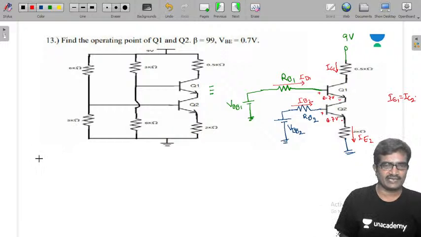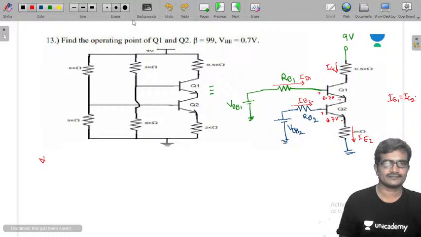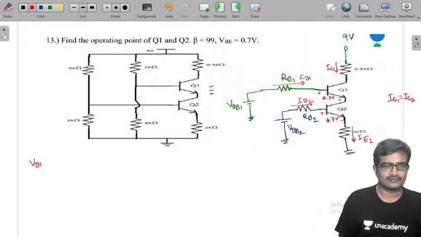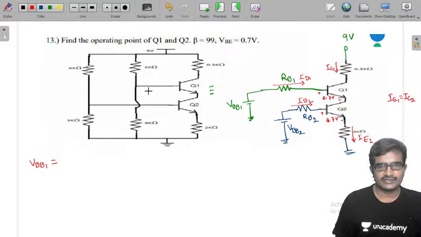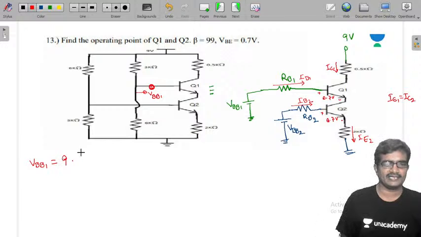So VBB1 is 9 into the voltage across this one, 9 into 6k by 2k plus 3k plus 6k, 9 into 6k by 6k plus 3k, which is 6 volts.